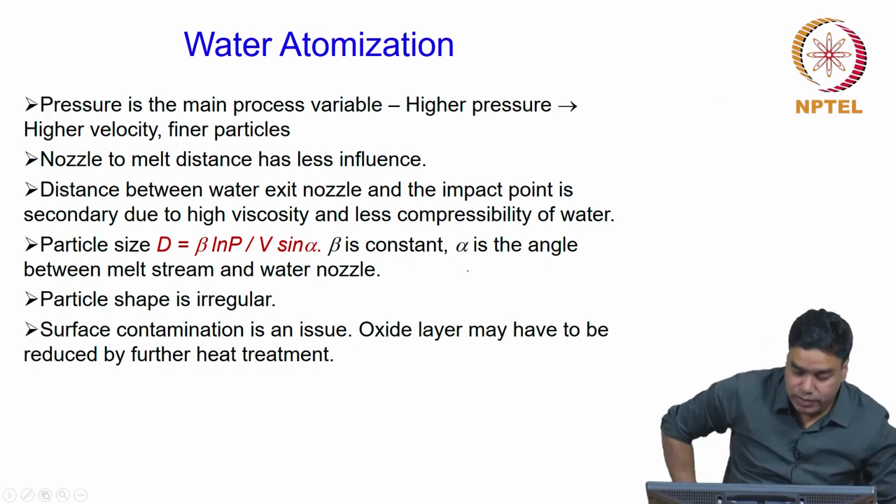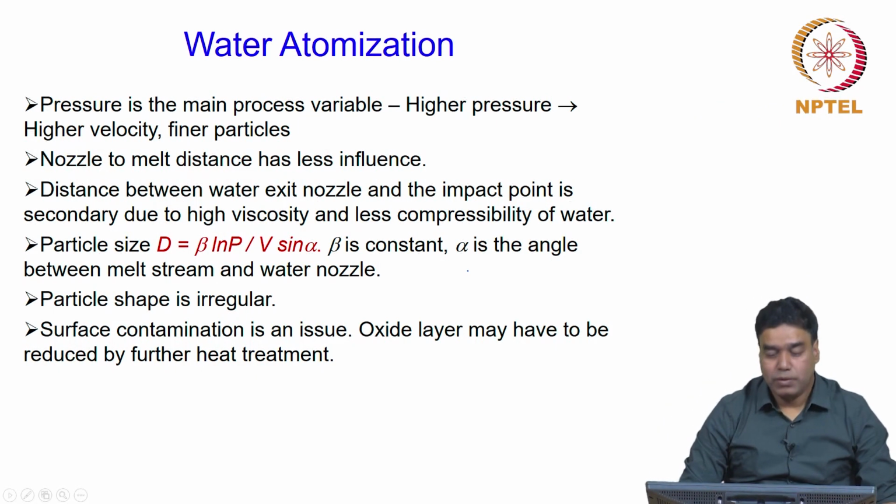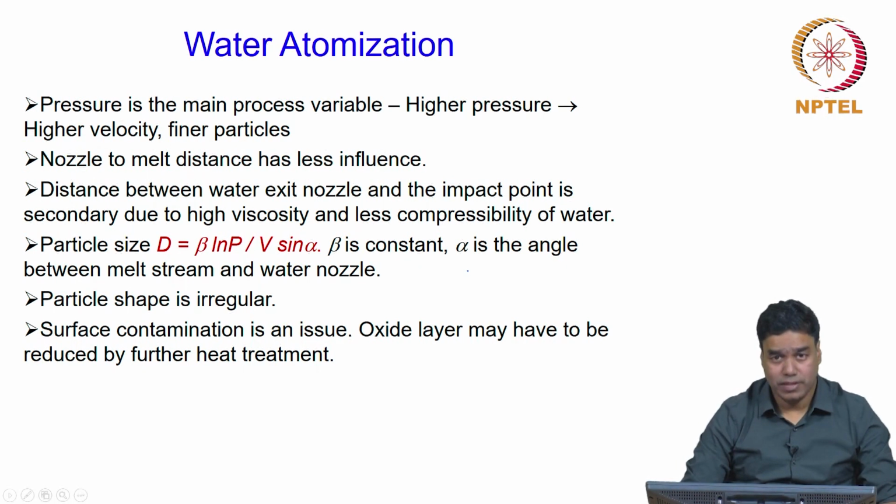And then finally, we talked about the process variables, and pressure of the water jet is the main process variable in this case, which controls most of the powder characteristics like the particle size and particle morphology. Other factors like the nozzle to melt distance, the distance between the water exit nozzle and the impact point, have far less influence compared to the pressure.